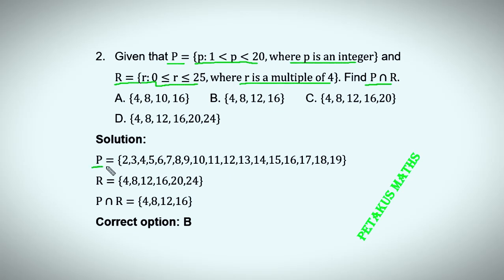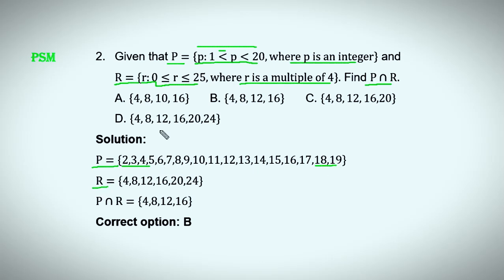This is set P. From the given range, you have to list the elements in set P between 1 and 20. Considering the strict symbol of inequality, 1 and 20 are not inclusive. You have from 2 to 19.